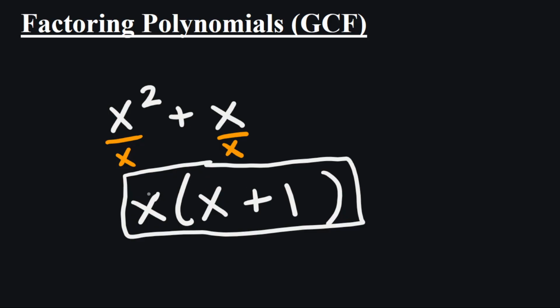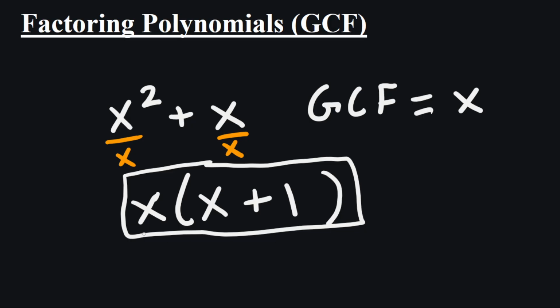So if you look at how we factored it, we found the greatest common factor. So the greatest common factor is x. And that is the term, the greatest term that could be pulled out from the polynomial.